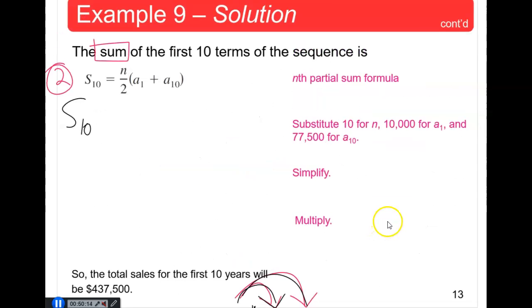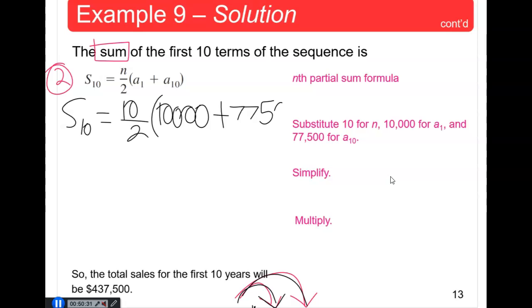So let's go back up here. The sum of the first 10 terms. We're going to substitute n with a 10 and then divide by 2. We need the first term, which I believe was 10,000. And then we need the last term, which was 77,500. And so we substitute, that would simplify. 10 divided by 2 is a 5. And here we can add these two terms.